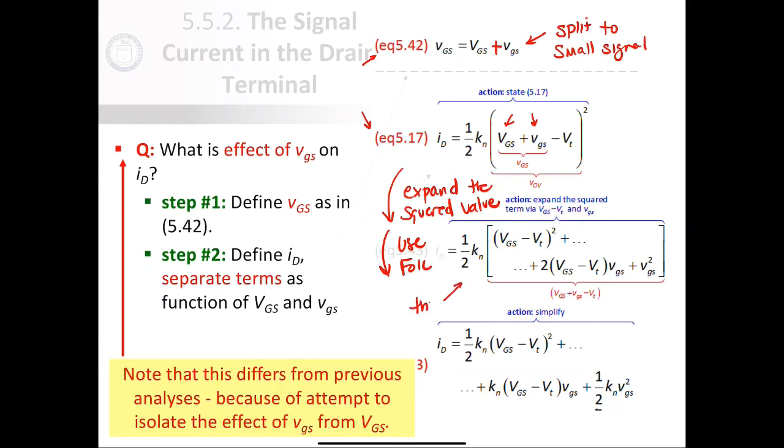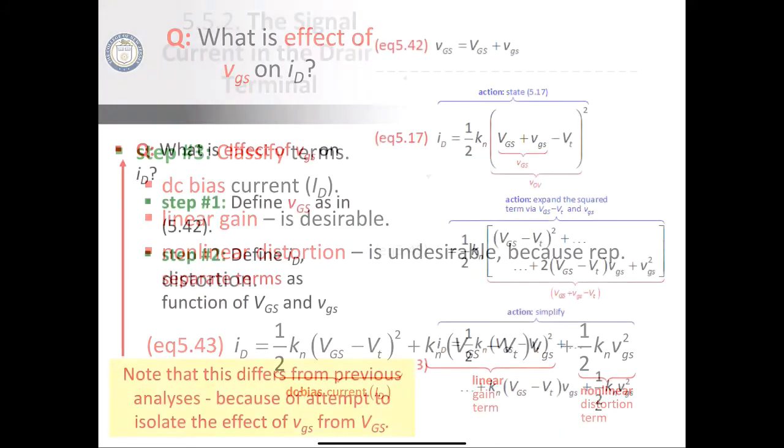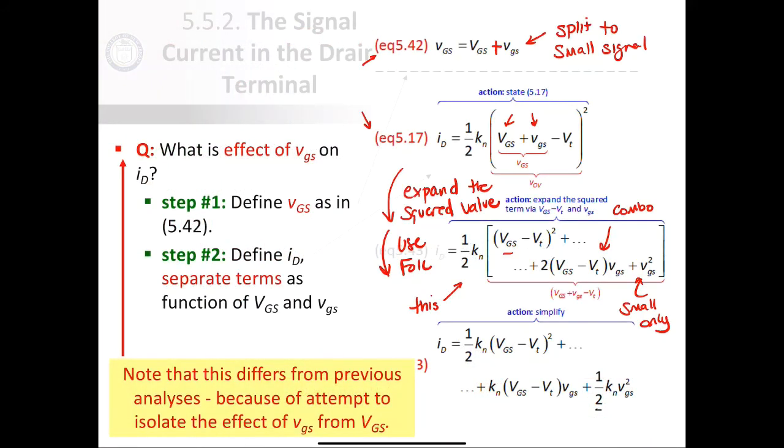The large signal component squared, a component that's a combination of both the large and the small signal, and then the small signal component squared. If I write this out, we see this here. Now, the total instantaneous current is equal to, what is this?